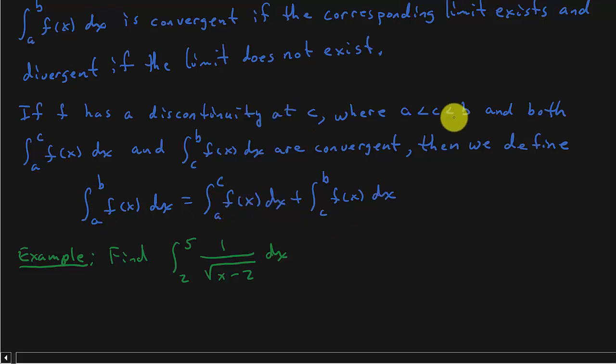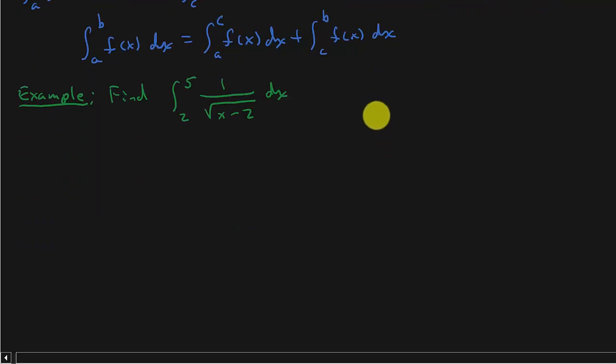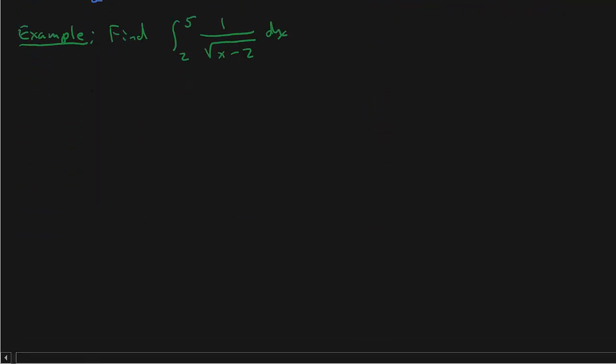So what this is saying is that we're integrating from a to b, but there's some number c between a and b where the function is discontinuous. All right, so let's take a look at some of these examples.